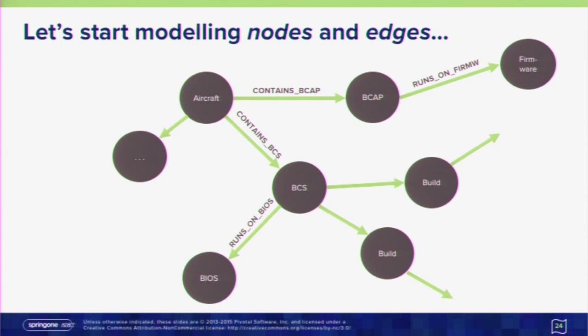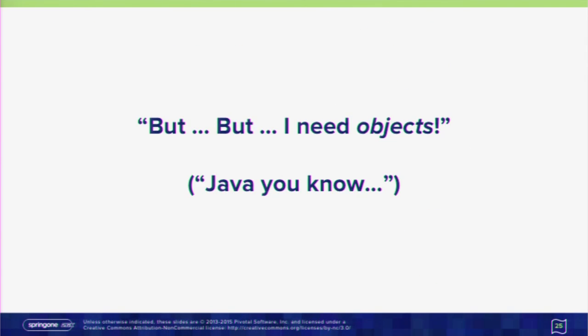So when starting with the modeling, we noticed this is all nodes and edges, which is perfectly fine in the Neo4j paradigm, or how Neo4j actually works. But having business logic implemented in Java and doing lots of incremental updates in our Java-based logic, we naturally cried, we are Java developers and we need objects.